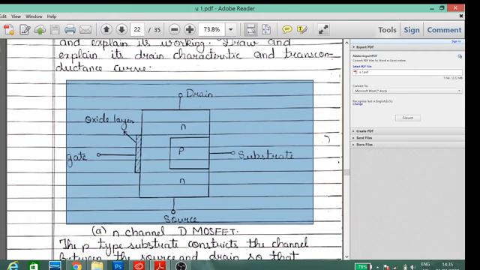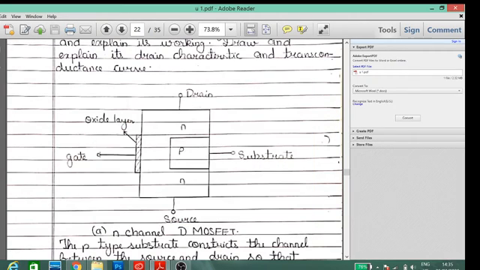For the N channel D-MOSFET: metal is the gate, oxide is the oxide layer, and the semiconductor is the N channel. Between these forms the metal oxide, and the remaining concept is the field effect transistor, which we have already somewhat discussed.